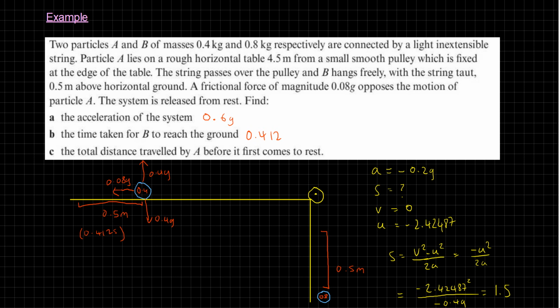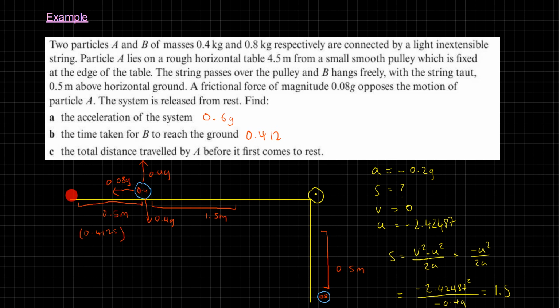So then that tells us that at the point where B hit the ground, A then kept moving for another 1.5 meters, under a different deceleration.